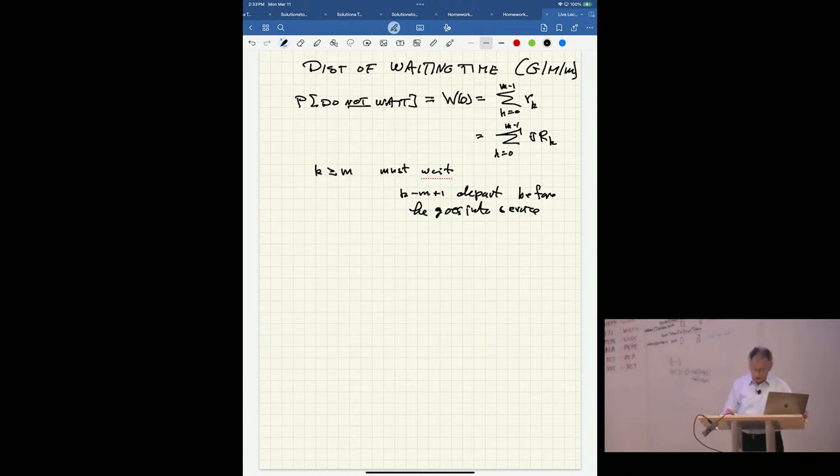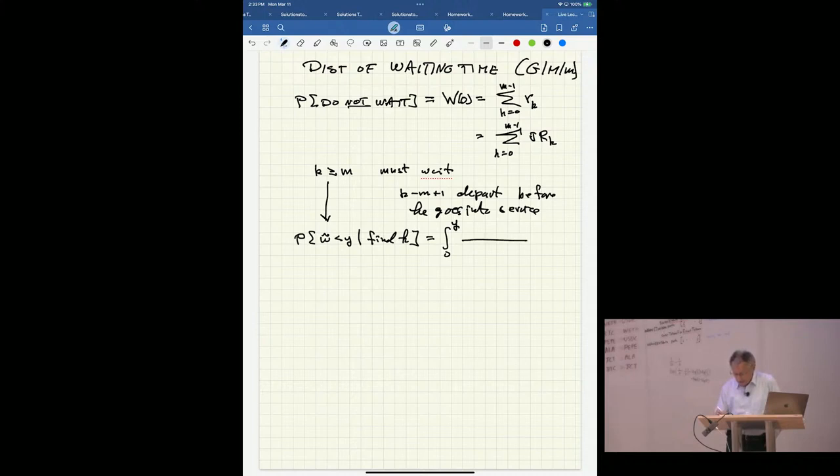So for k greater than or equal to m, the probability that the waiting time is less than or equal to y, given that you found k in this region, by the way, is equal to the integral of all possible values of time for that to happen, of getting k out in that time.